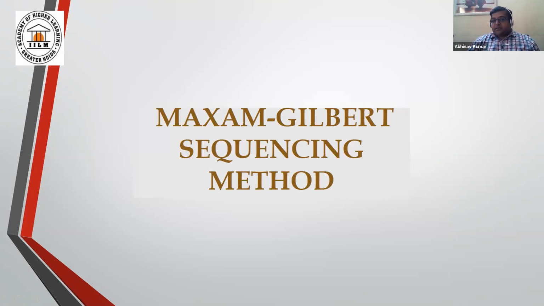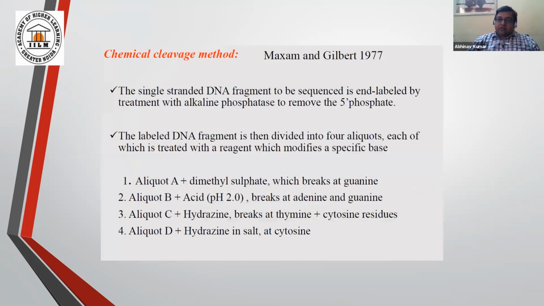So the next sequencing method is the Maxam-Gilbert sequencing method. Here, this is also known as the chemical cleavage method, and this was given by Maxam and Gilbert in 1977. This single-stranded DNA fragment is sequenced and is end-labeled with the treatment of alkaline phosphatase to remove the 5' phosphate.